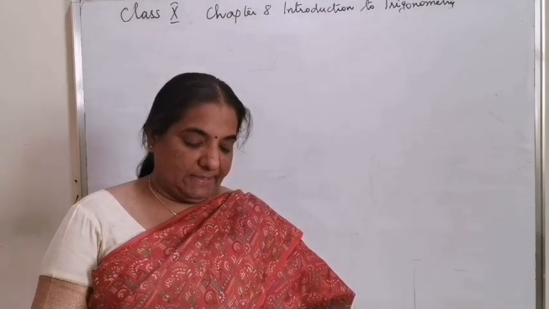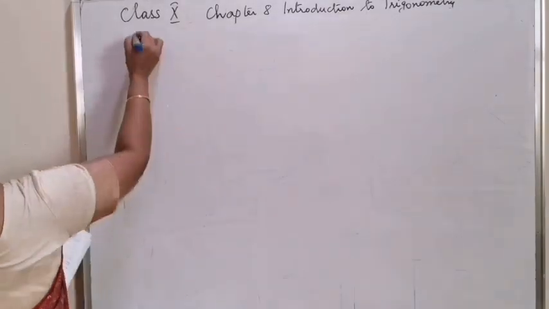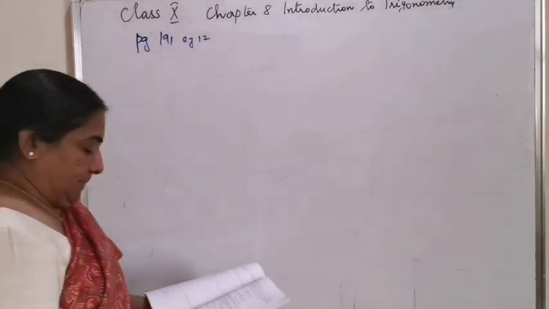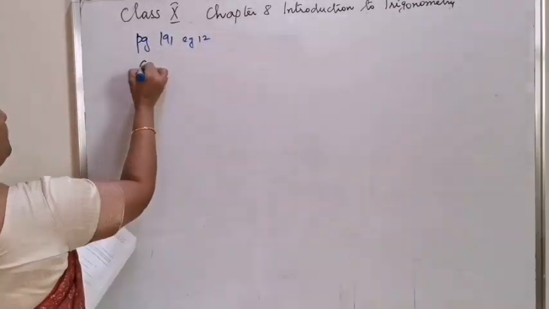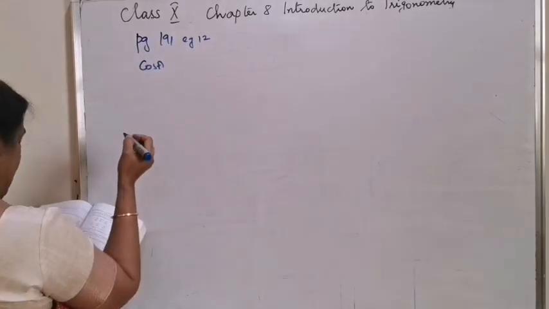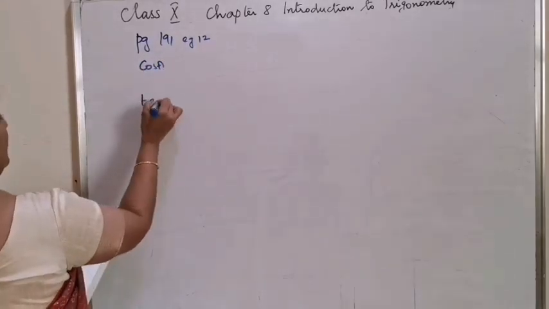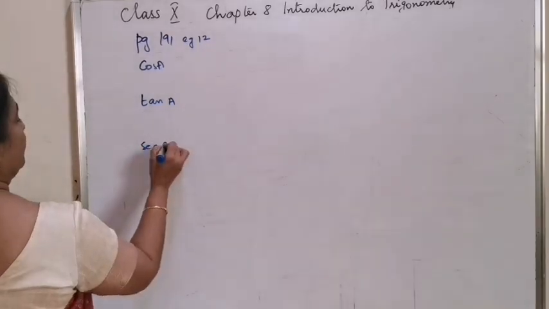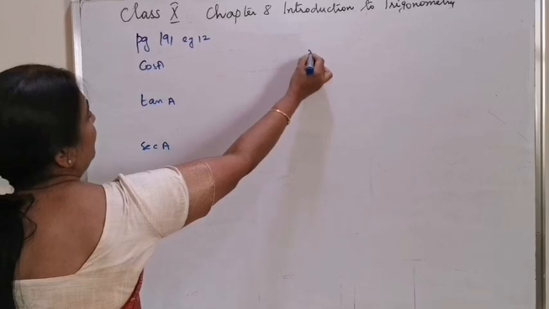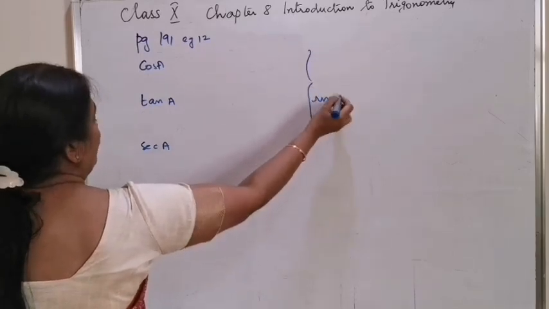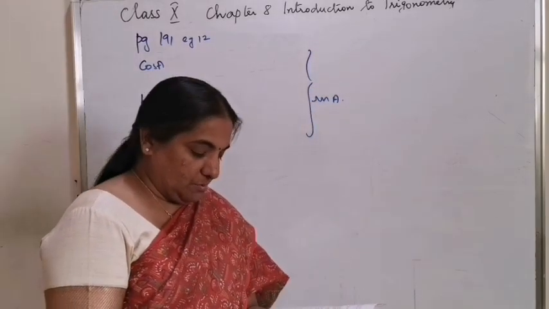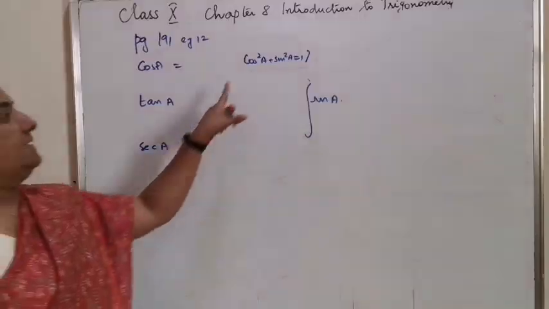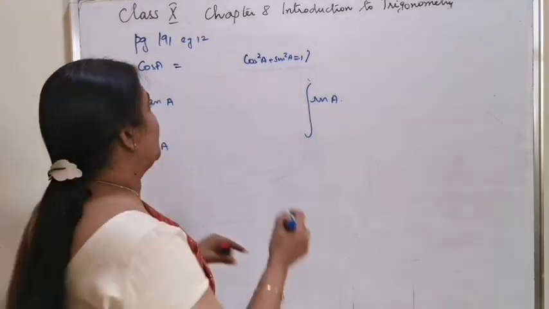Page 191, example 12. Express the ratios of cos A, tan A, sec A, all into the terms of sin A. You have to bring all the expressions into the terms of sin A. Identity is cos square A plus sin square A is equal to 1.